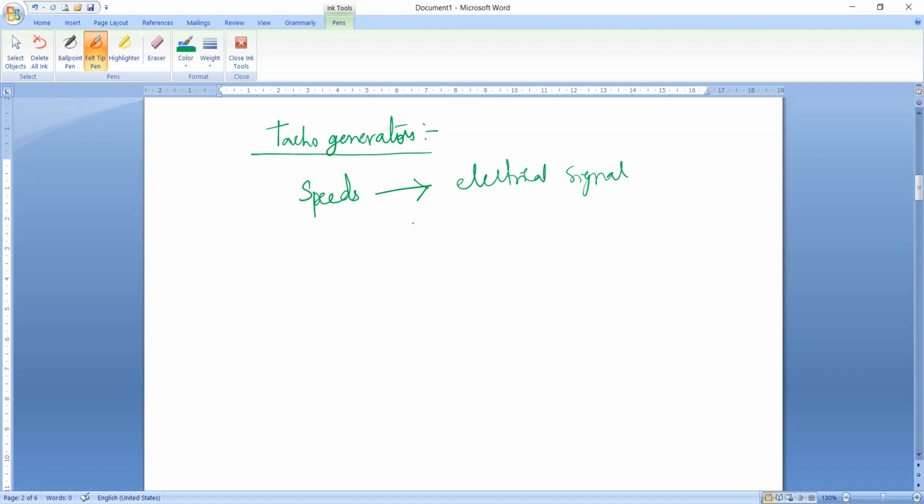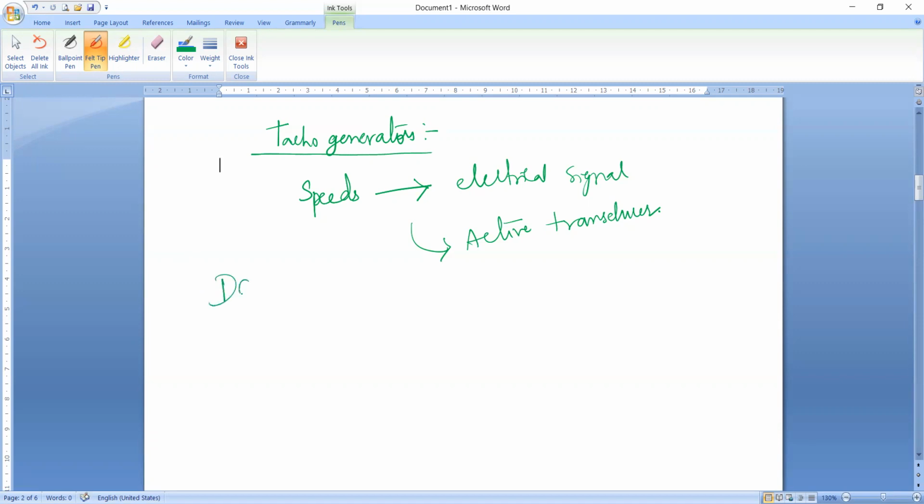Hence, it is an active transducer. The purpose of a tacho generator is to convert angular speed to a directly dependent voltage signal. Tacho generators are of two types: DC tacho generators and AC tacho generators.